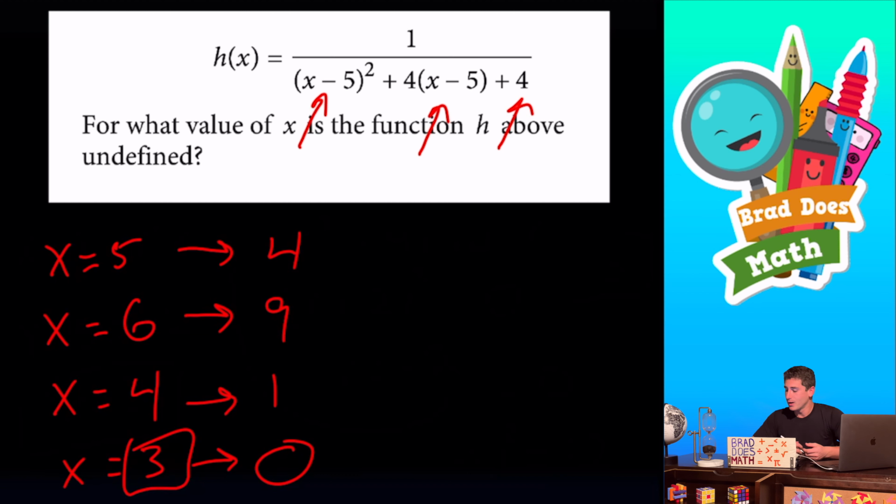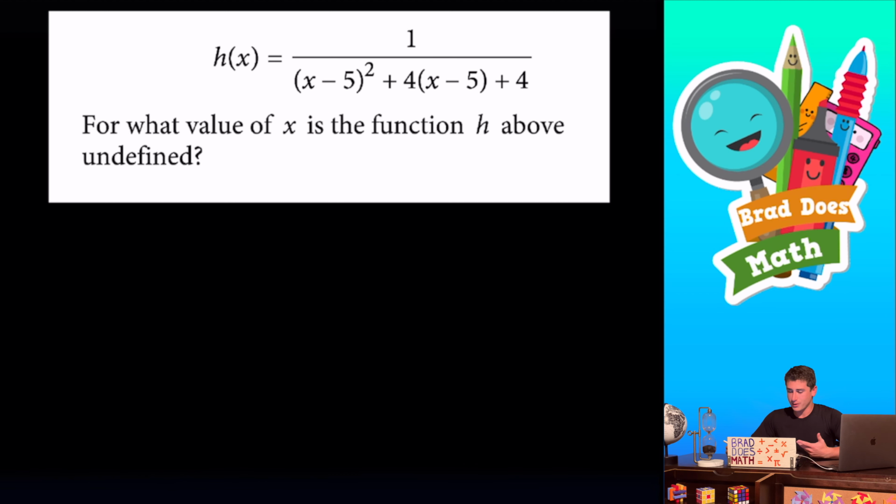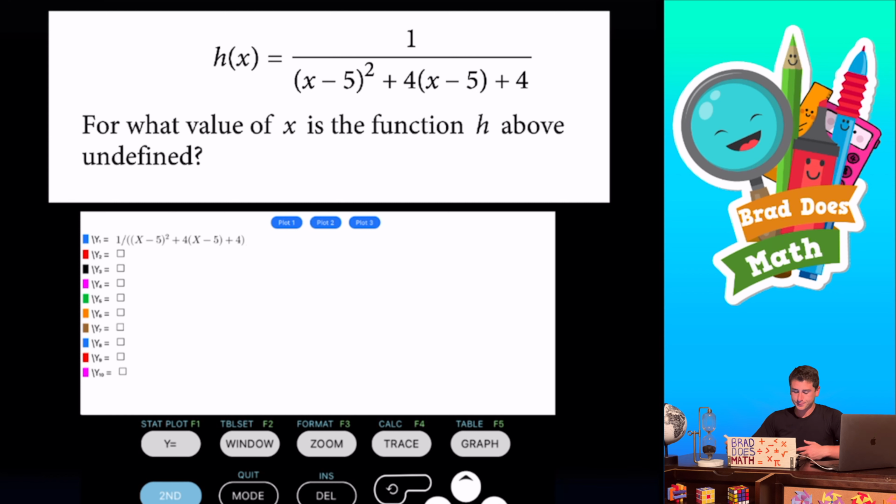The last thing I will show you is how to do this with the calculator. I think it's super important that you know how to do this with the calculator for this problem and for other problems. It's important that you just know how to use the graphing function in general. So here's what a normal TI looks like. Just make sure when you plug this whole function in, you use an extra set of parentheses around the denominator.